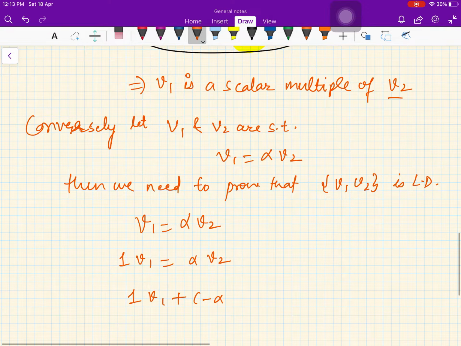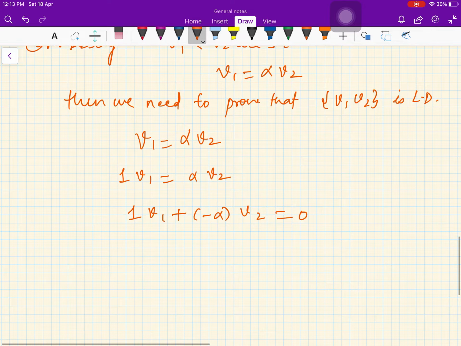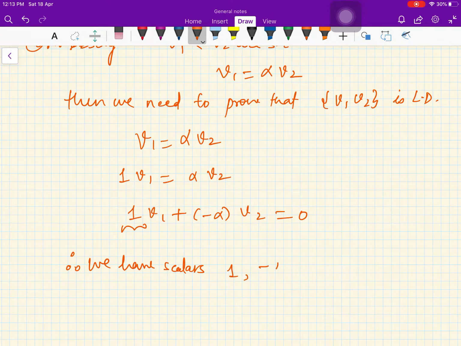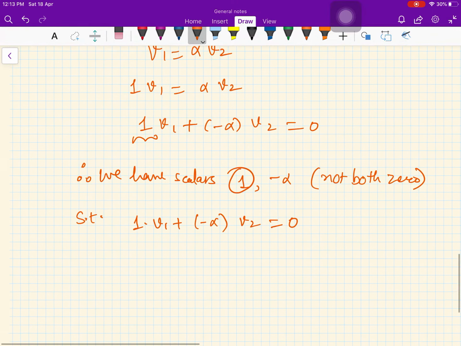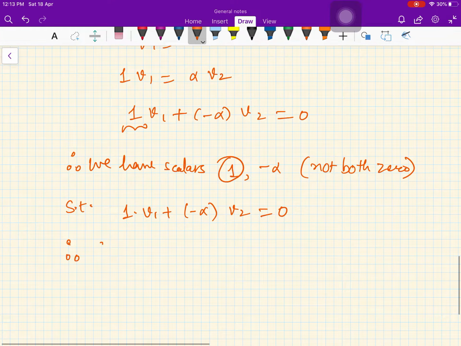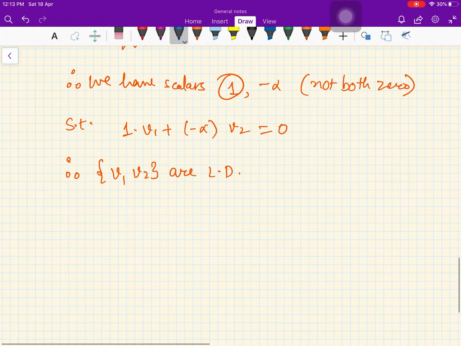So 1 into v1 plus minus alpha into v2 equals 0. Therefore we have scalars 1 and minus alpha, not both 0, because 1 is non-zero, such that 1 into the first vector plus minus alpha into the second vector is 0. Therefore, v1 and v2 are linearly dependent.